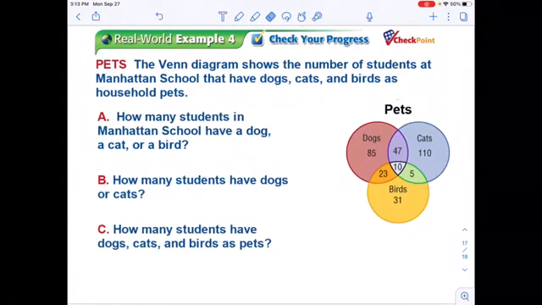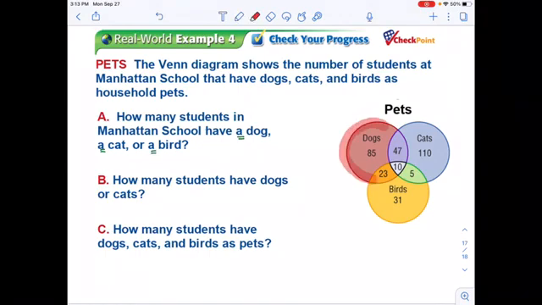The Venn diagram shows the number of students at Manhattan School that have dogs, cats, and birds as household pets. So our first question is, how many students in Manhattan School have a dog, a cat, or a bird? So what clues us in here is the fact that it says a dog, a cat, or a bird.